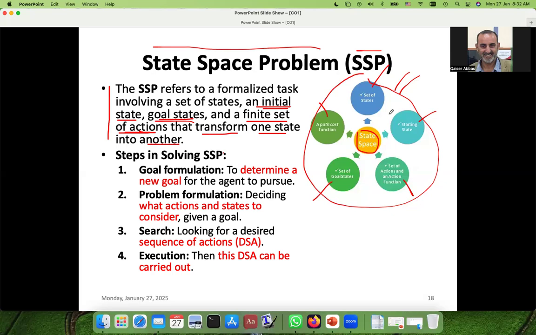Then how can we solve a state space problem? The first thing that you have to do is identify your goal for that problem. That is called goal formulation. From formulate, you have the word formulation.